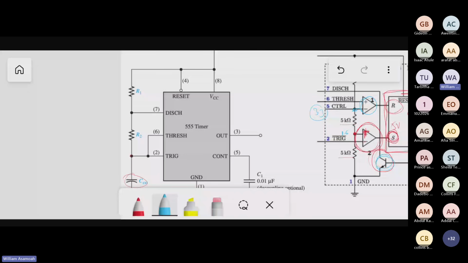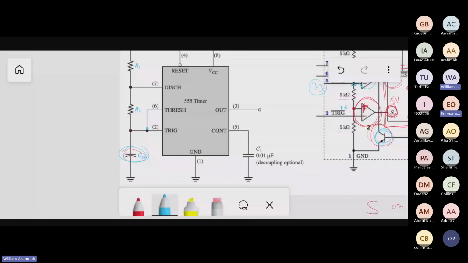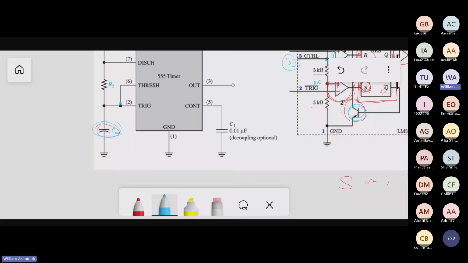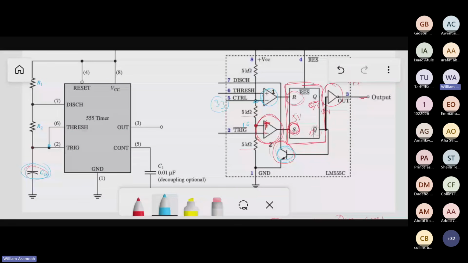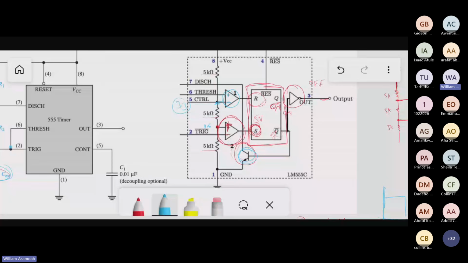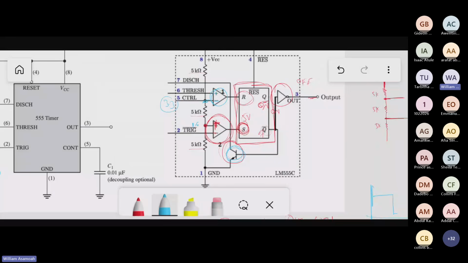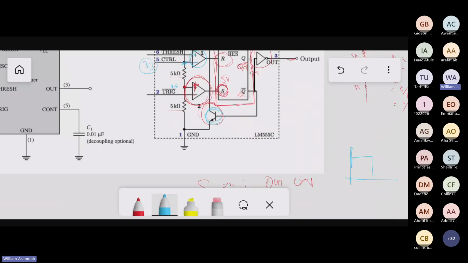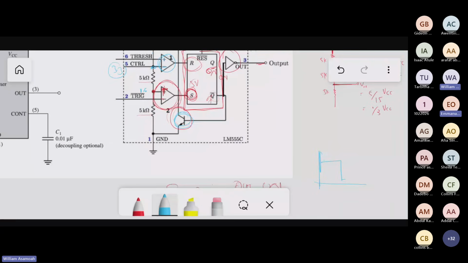If it charges and reaches 3.3 and above, then it will be more than the negative, so this comparator will turn on. The moment reset turns on, this one turns off and this one will be on. Then when it's on, the output will go off, and it will stay off.